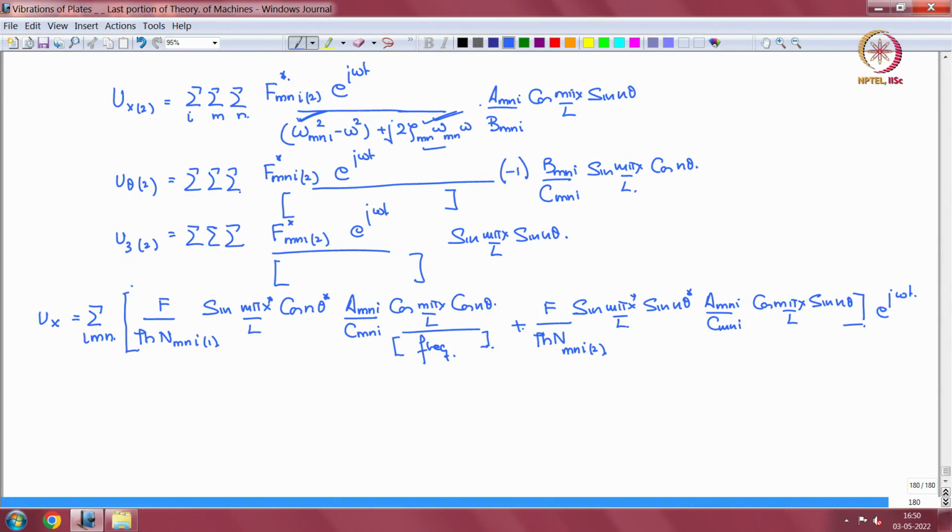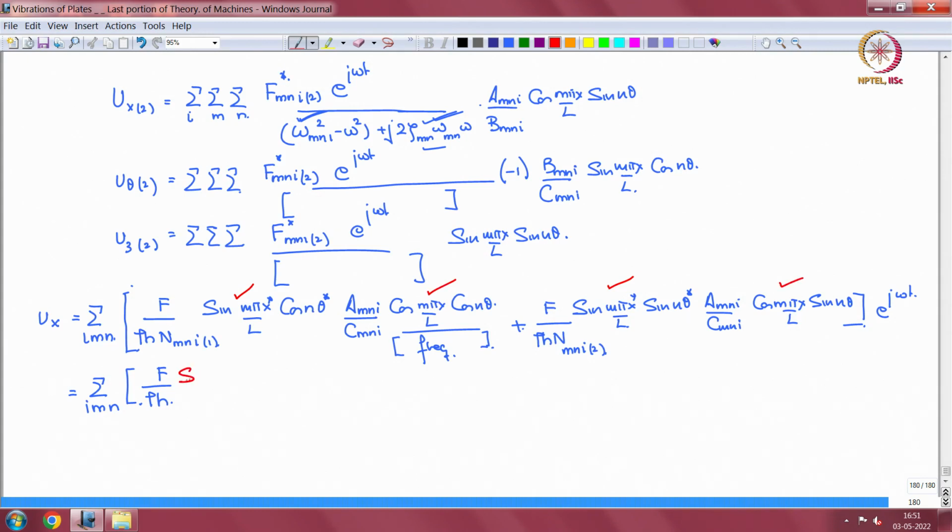Then if we take common, we have sigma I m n, f by rho h, sine m pi x star by L, cos m pi x by L. We can take it out.